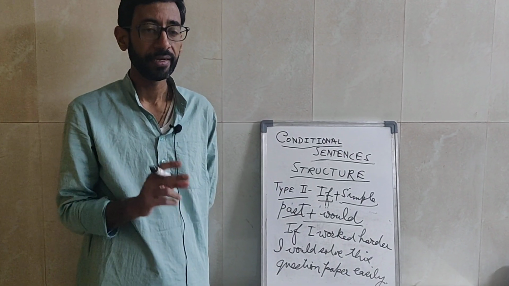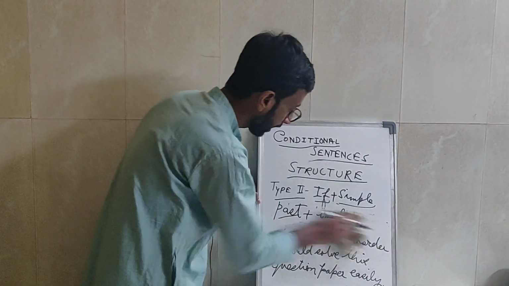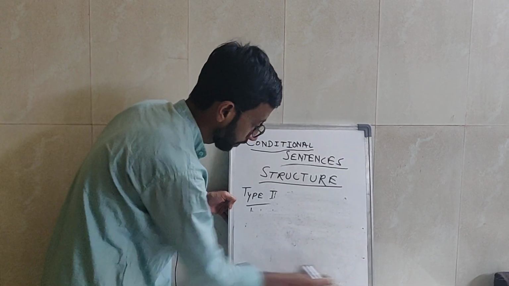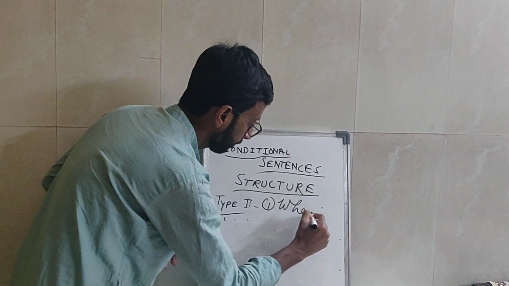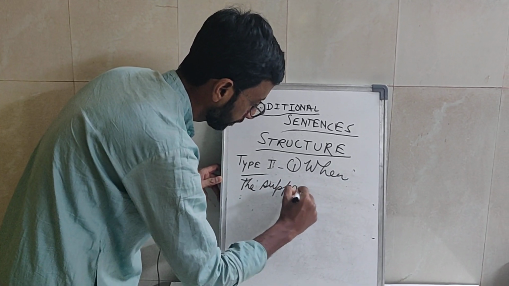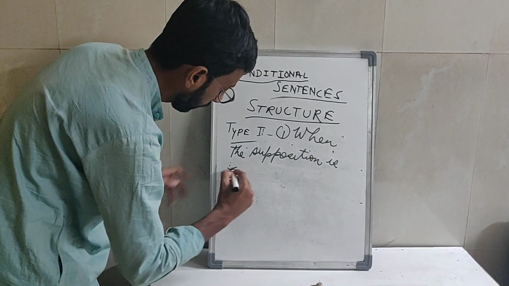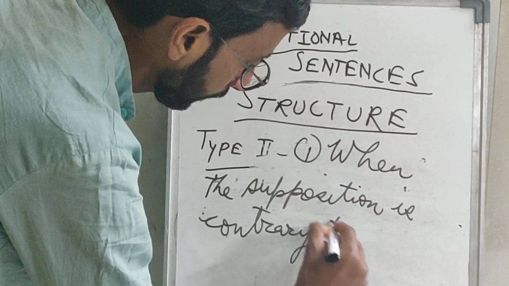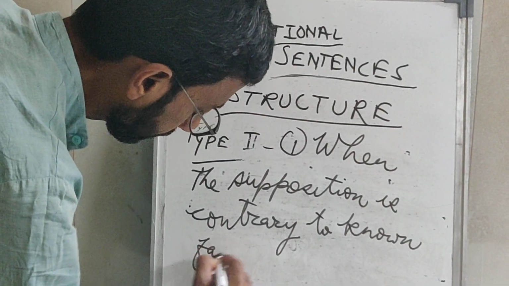Conditional sentence type second is used for two conditions, and these conditions are: first, when the supposition is contrary to known facts.